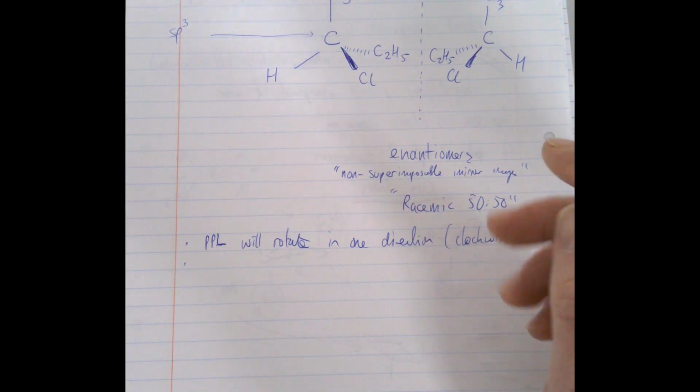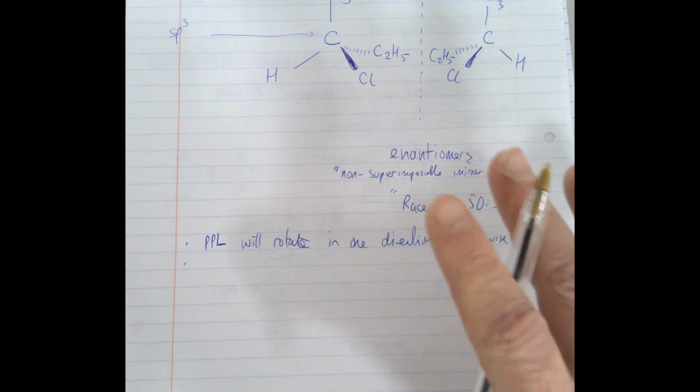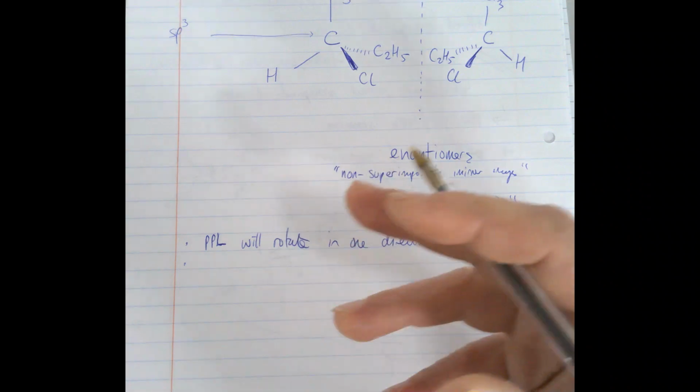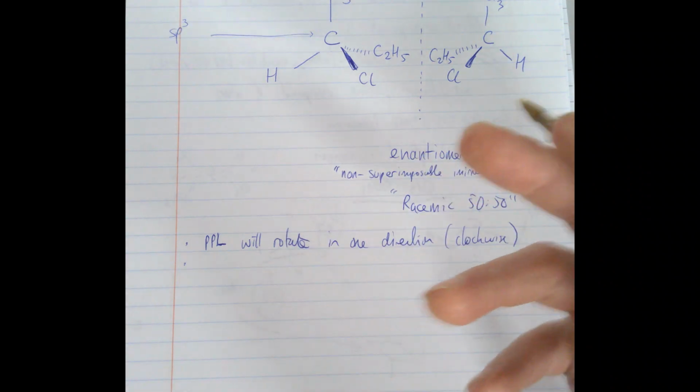For example, my right hand will only go nicely in a right-handed glove. My right hand won't go in a left-handed glove. So if you've got a left-handed enzyme or receptor and a right-handed molecule, those two things won't fit into each other, but that enzyme is set up only to interact with one of the two enantiomers. And that has important consequences in biology and medicine and so on. But that's as much as I'm going to say now.